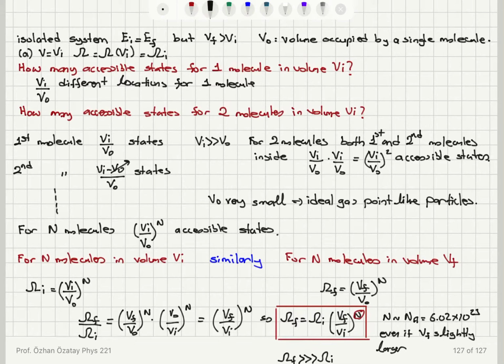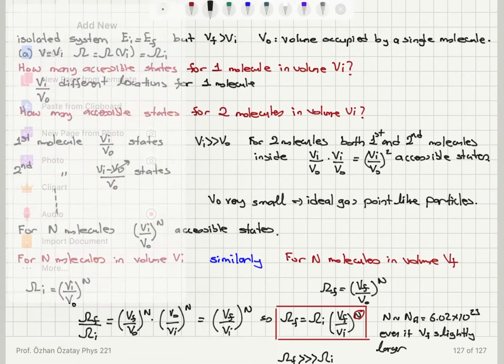Then I ask myself, what is the probability of recovery of the equilibrium situation? So only the initial accessible states will be occupied. No accessible states that have been created by increasing the volume are occupied. Let me find this probability of recovery.